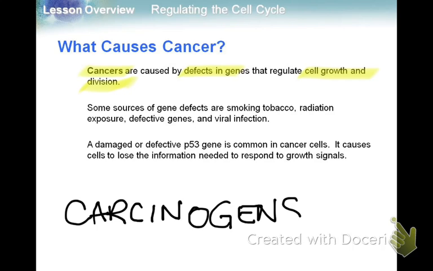I spoke very generally about mutagens the other day, which cause mutations. Carcinogens are specifically mutagens that can cause cancer. Some things which you probably already know that can cause cancer: smoking tobacco, radiation exposure. People can be born with mutations already, defective genes. And viral infections can also do that.